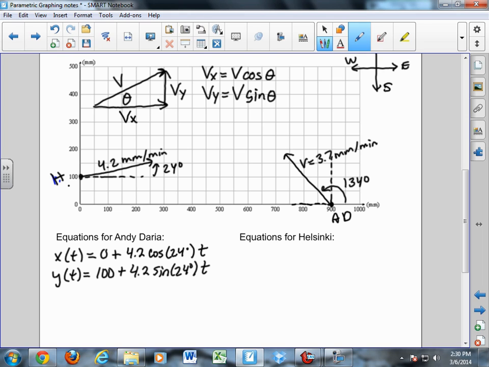X of t is equal to the initial position, 900. And now we run into a little issue here. When we did this right triangle, it was a pretty basic right triangle. We have 24 degrees here, we have Vx, Vy, and 4.2. So pretty easy to determine how we're going to handle that right triangle. Here, though, the right triangle is actually over in quadrant 2.